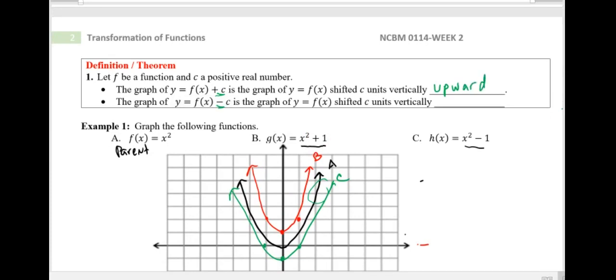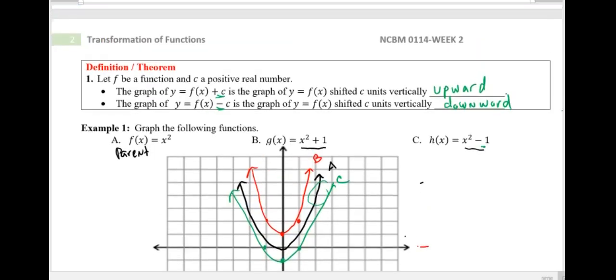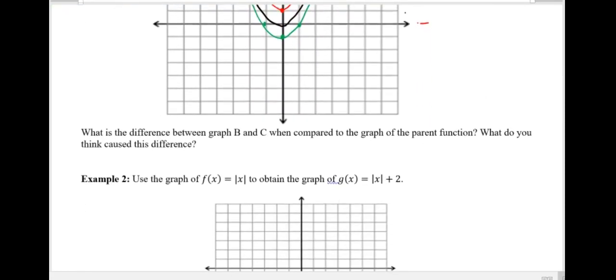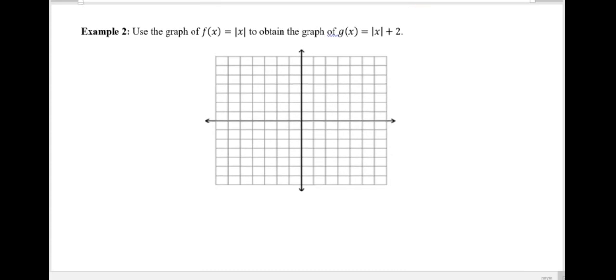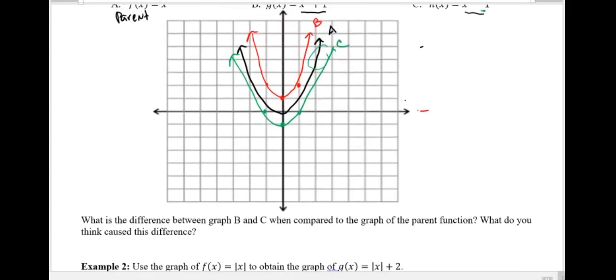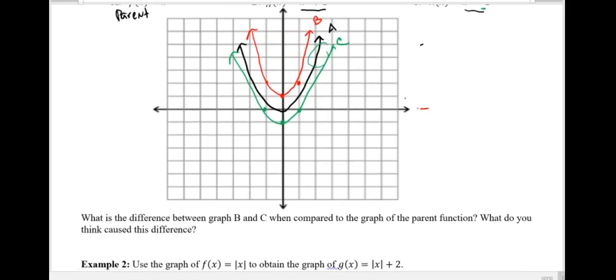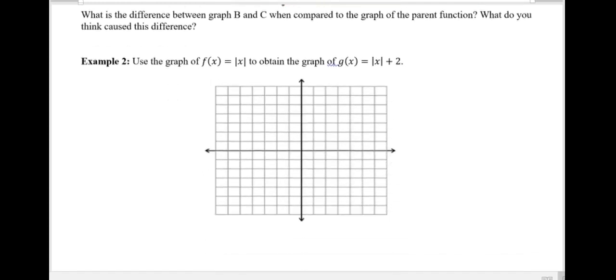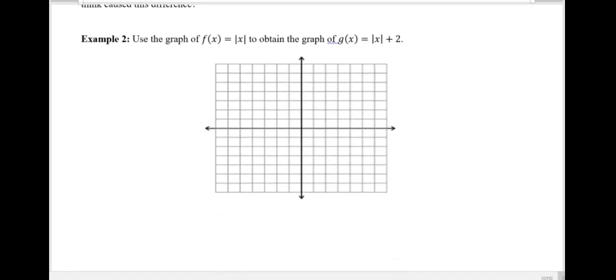If we're subtracting like we did here, then the graph went downward. In 1314, you were learning how to graph these functions using a table of values, but now we're going to be using transformations to graph them a little bit quicker. The difference between the graphs B and C is just the way that they were transformed, either moving upward or moving downward.